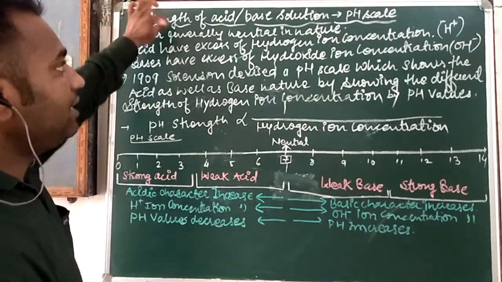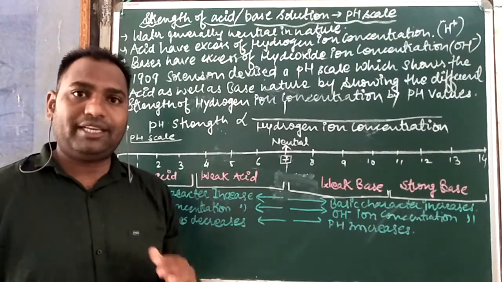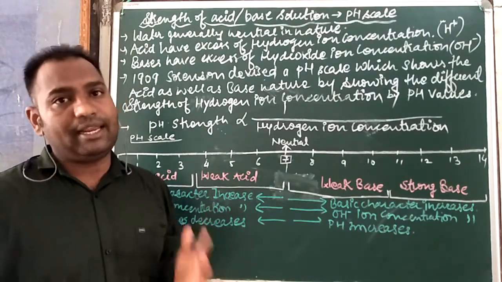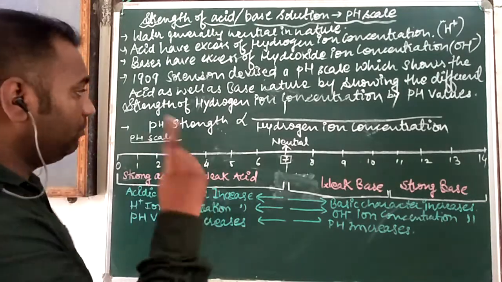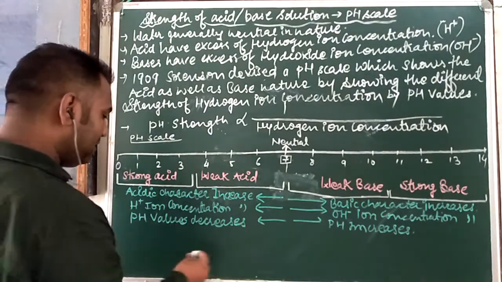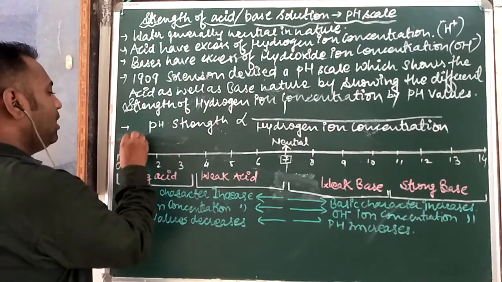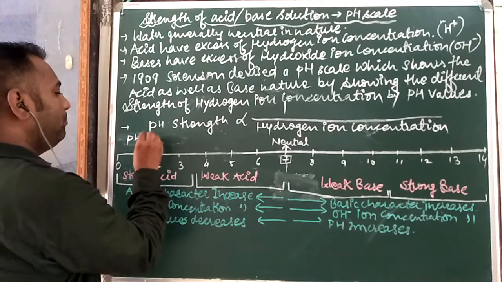Strength of acid and base solution: the pH scale. The pH scale was devised by Sorensen in 1909. And one more thing I am reminding you is the meaning of pH.